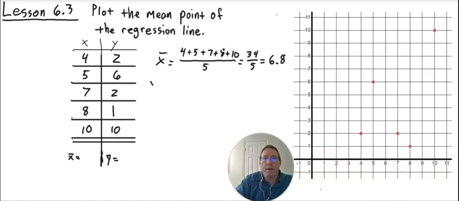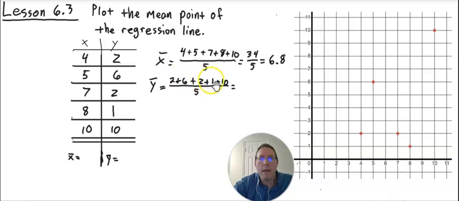Now let's identify y bar. Y bar is going to be 2 plus 6 plus 2 plus 1 plus 10 divided by 5, which is 2 plus 6 is 8, plus 2 is 10, plus 1 is 11, plus 10 is 21. Over 5, and 5 goes into 21 4.2 times.